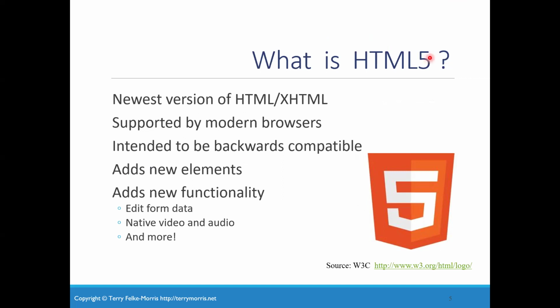Now, currently we have HTML5. HTML has evolved through several versions, and currently what we have is HTML5. HTML5 is just an improvement to support modern browsers, and it also adds new elements, new functions, and what have you.